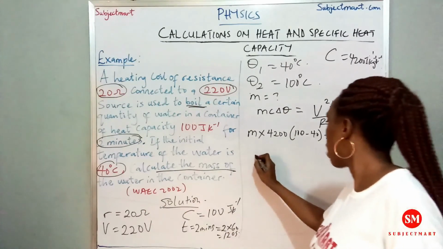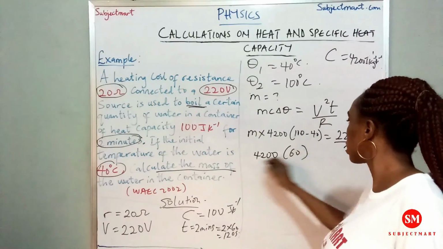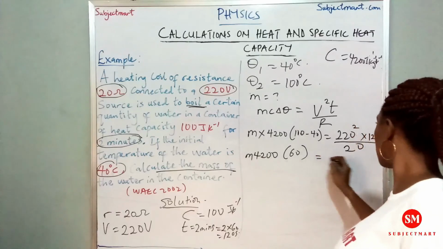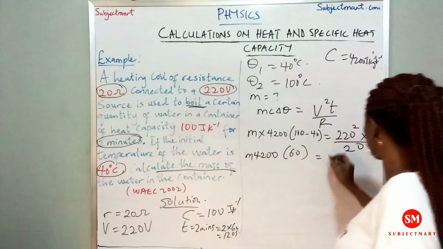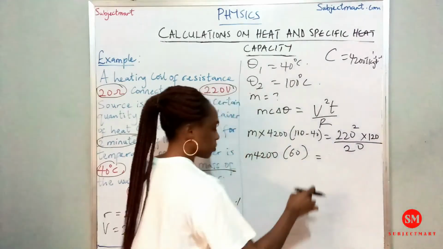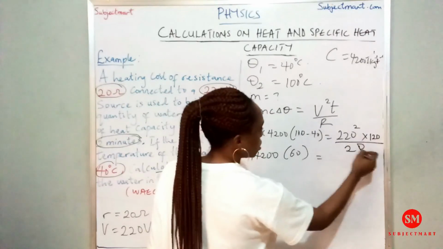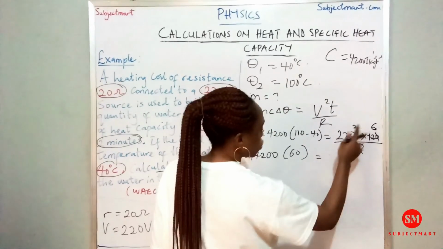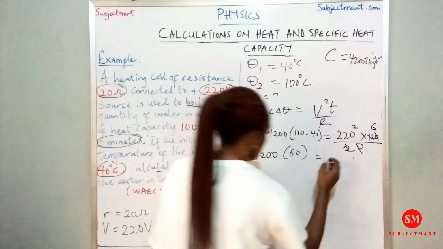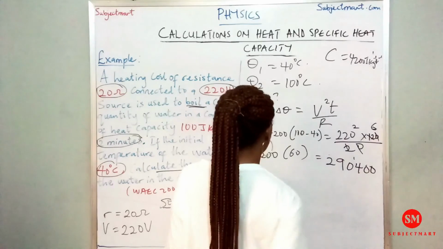So I have 4,200, this is 60, M is equal to, this will give me, this cancels this, here 1, here 6. 220 squared times 6 will give me 290,400.